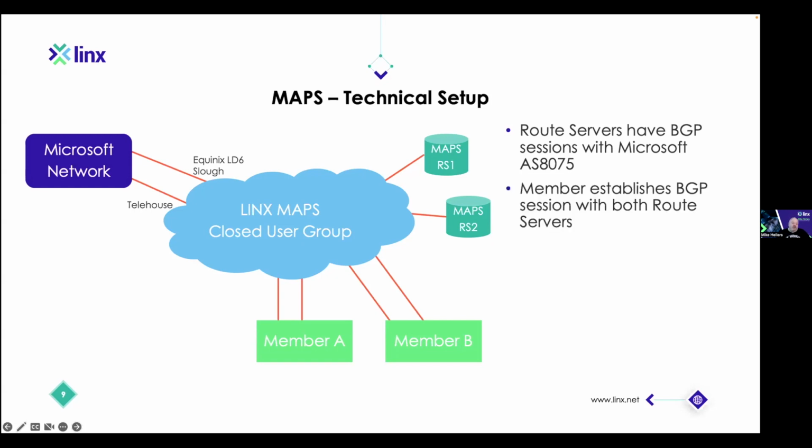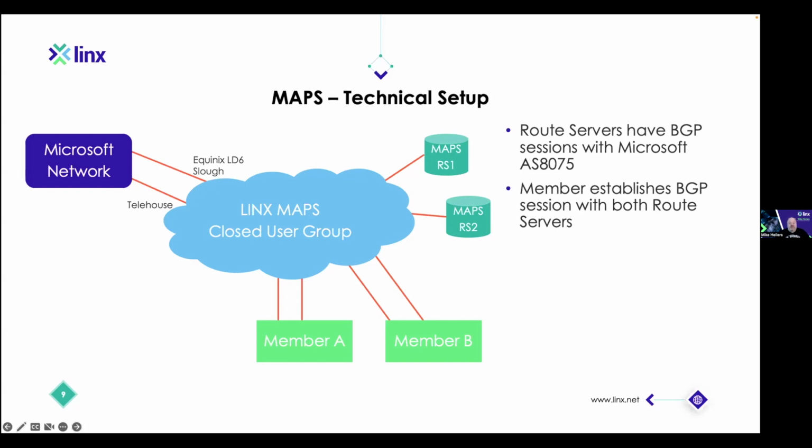And the member establishes BGP sessions with the root servers. We allow you to do that over a single port, but obviously our recommendation clearly is that if you want to maintain the full resiliency end to end, you have two different ports.